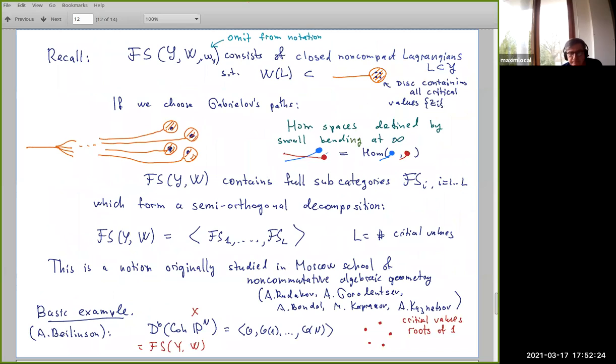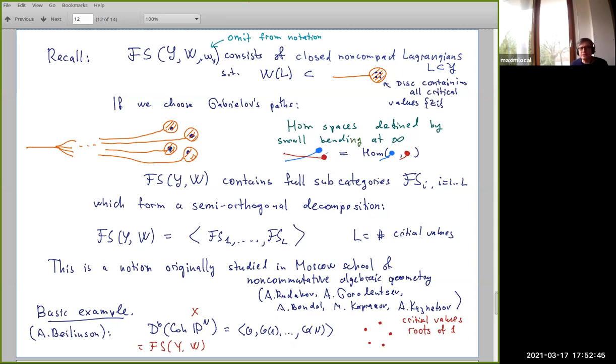Now let's speak a little bit about the Fukaya-Seidel category. The Fukaya-Seidel category depends on my variety, maybe with a proper map W, and on a choice of symplectic form.